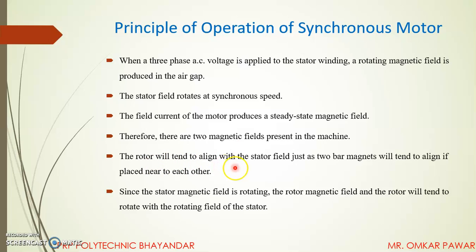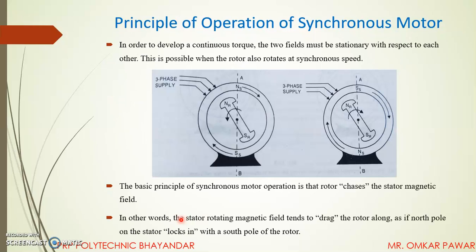The rotor will tend to align with the stator field, just as two bar magnets tend to align if placed near each other. Since the stator magnetic field is rotating, the rotor magnetic field and rotor will tend to rotate with the rotating field of the stator. In order to develop continuous torque, the two fields must be stationary with respect to each other. This is possible, and the rotor rotates at synchronous speed. The basic principle of synchronous motor operation is that the rotor locks to the stator magnetic field.